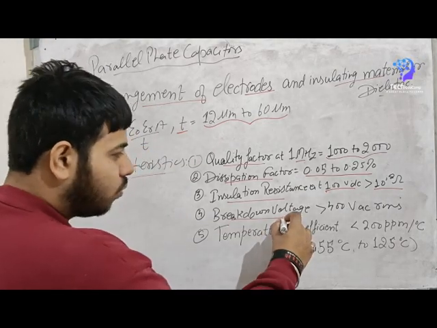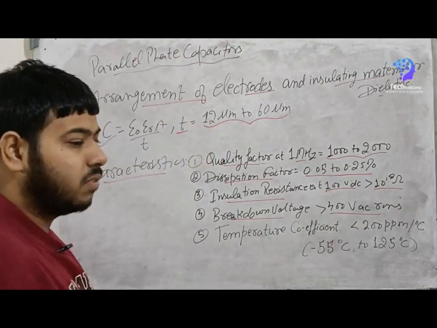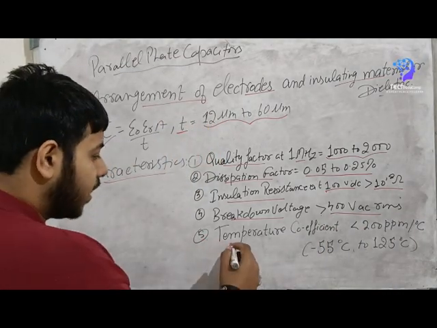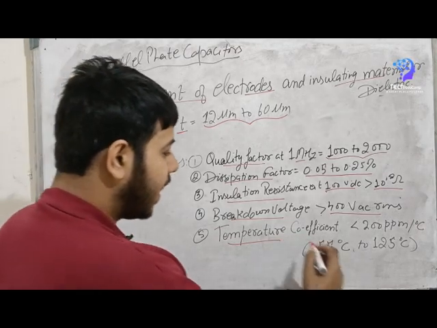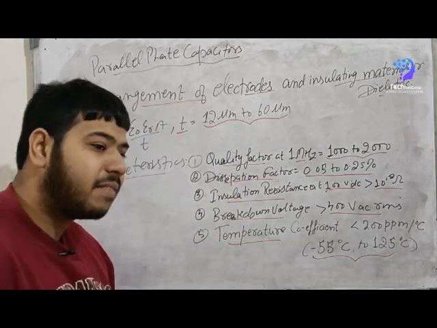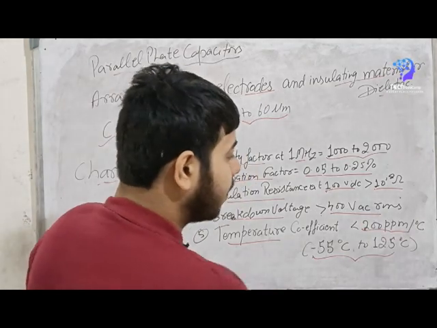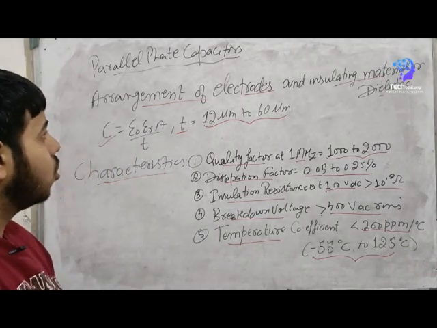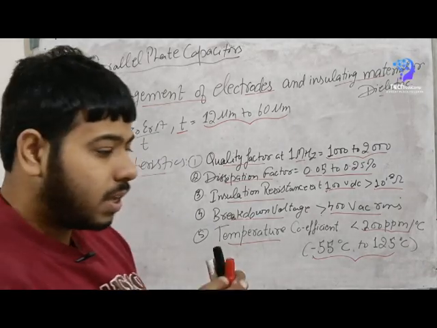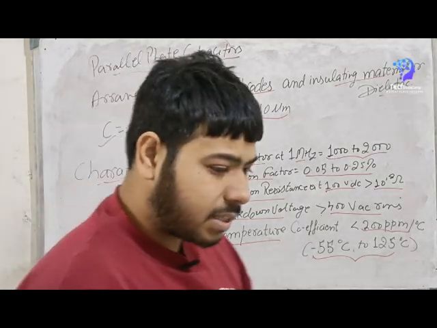Fourth is the breakdown voltage, which is greater than 400 volt AC RMS. Last is the temperature coefficient from minus 55 to 125 degrees Celsius, which is less than 200 ppm per degree Celsius. So this was the parallel plate capacitors and their characteristics.